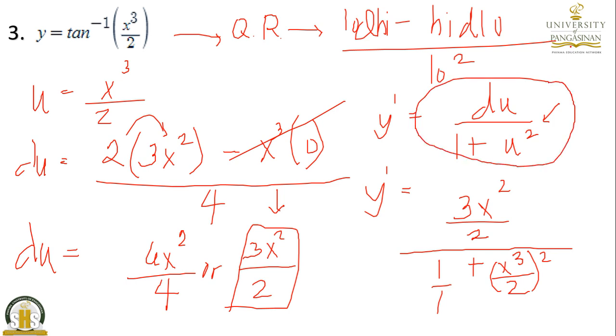Yung du natin, 3x squared all over 2. Then 1 plus the u here is x cubed all over 2. Then the u must have an exponent of 2. If you're going to distribute 2, you need to distribute it from numerator to denominator. So magiging x to the 6 and then the denominator will be 4.